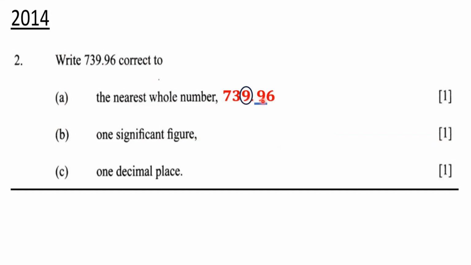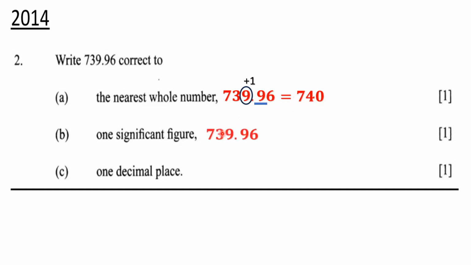We know that 9 is greater than 5, so we've got to add 1. We add 1 to the 9, and that's going to be 10. So we put the 0 in the ones place, and then we add 1 to the 3, which becomes 4. And so we have 740. No decimal part, and so we just drop them.